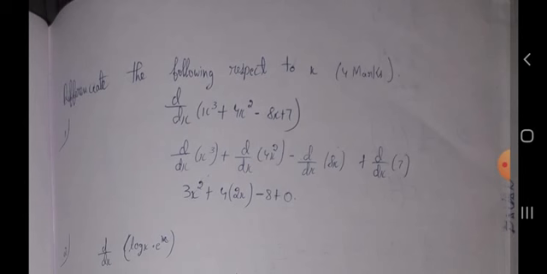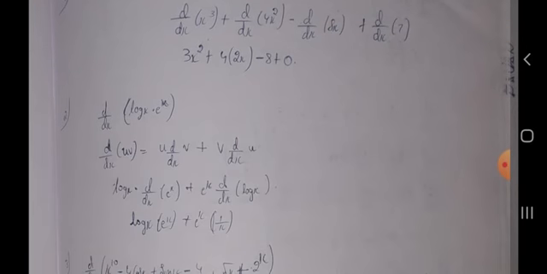As you know, for x³, the number present in the upper power we have to bring down, and the power we have to reduce by 1, so 3 minus 1, so 3x². Plus 4 we take out as constant, and the power 2 comes down, 2 minus 1 is 1 only, so 2x only, minus 8. As you know, d/dx of a constant will be 0, so plus 0 it will be.